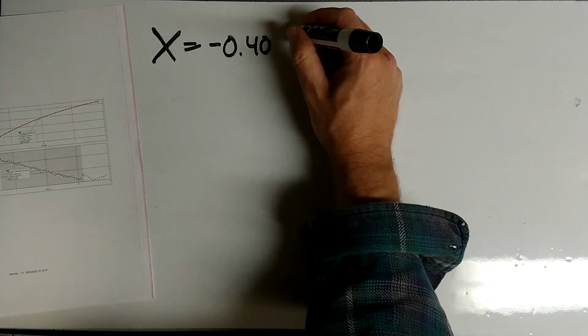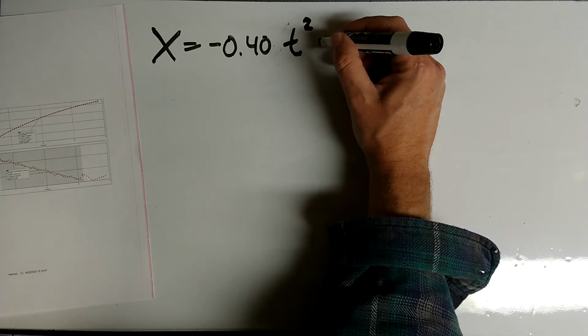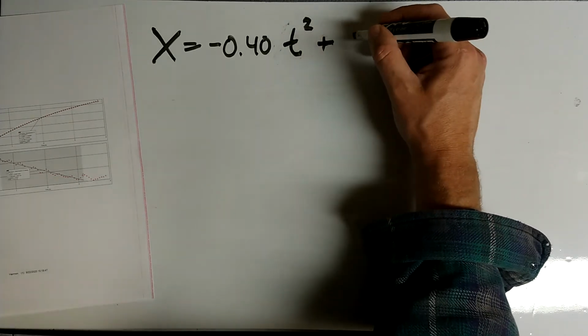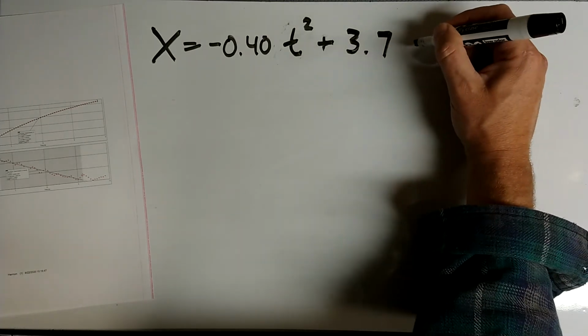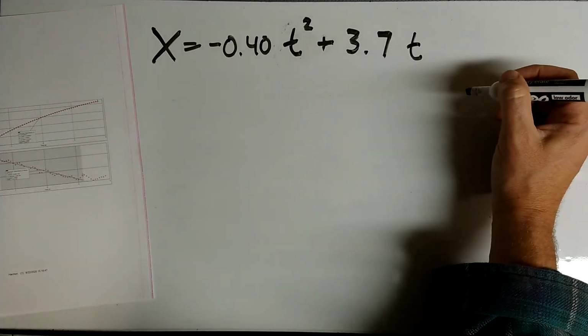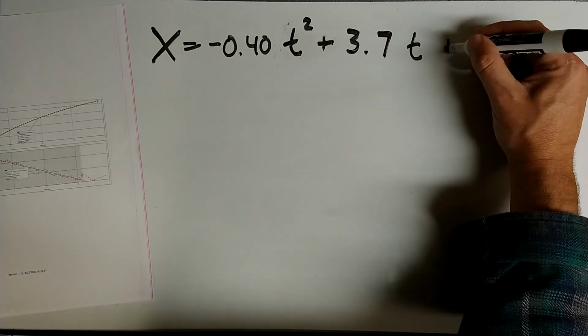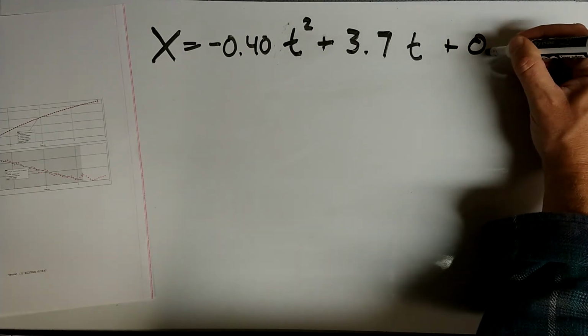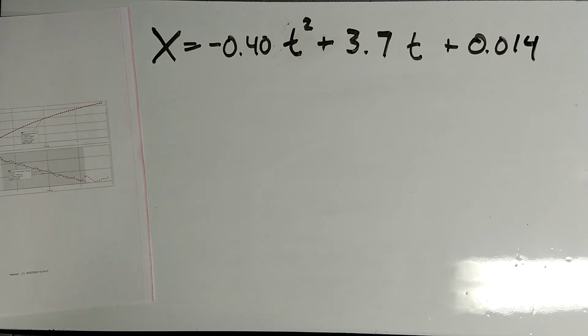That would be smart. This is my second take of this video, and that should help. Plus b, which is 3.7 times t. So I'm just putting the numbers that are in the little box. There's no units in there, though. And plus c, which is 0.014. So 2 sig figs on all the coefficients is plenty.